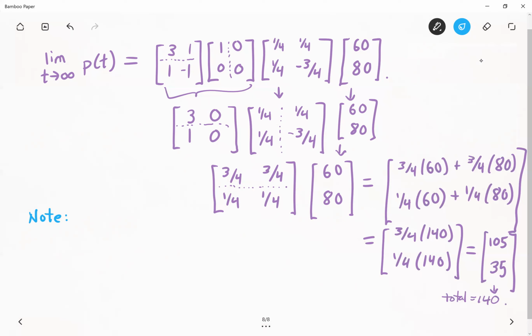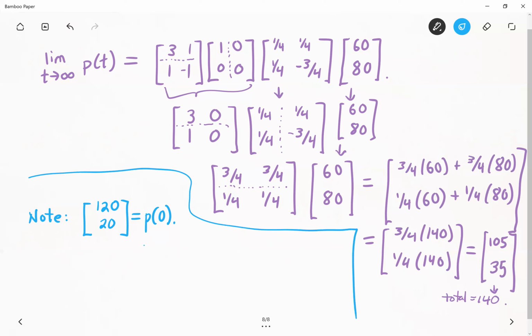Even if you had changed the original populations to be something like 120 and 20 at time 0, what happens in this case?